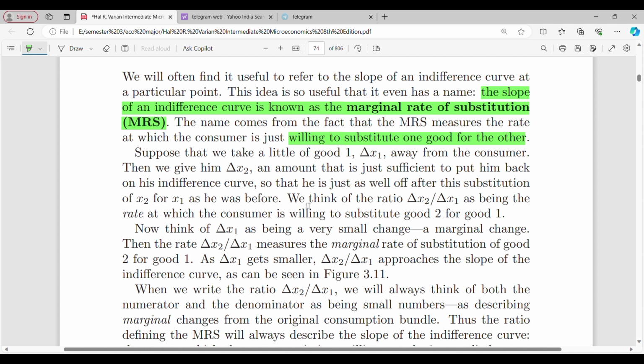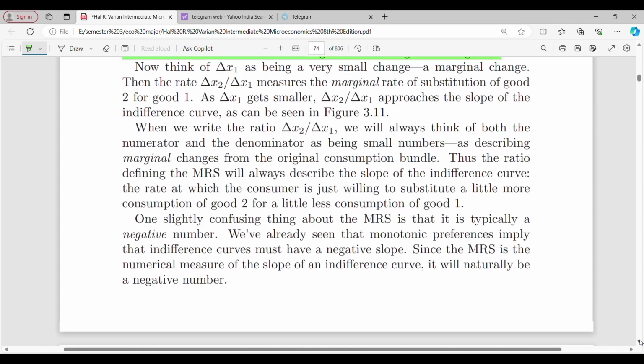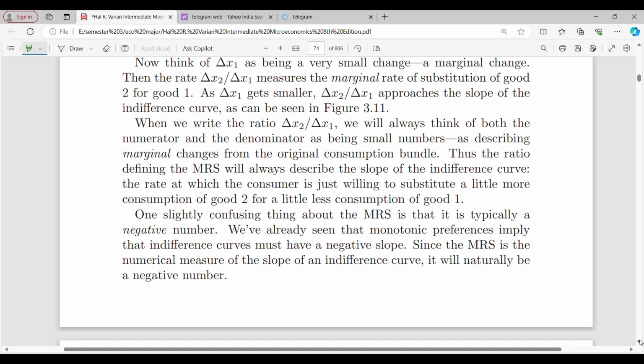We think of the ratio delta x2 by delta x1 as being the rate at which the consumer is willing to substitute good 2 for good 1. So for how much of good 1, how much of good 2 is needed, that is here. Now think of delta x1 as being a very small change, a marginal change.